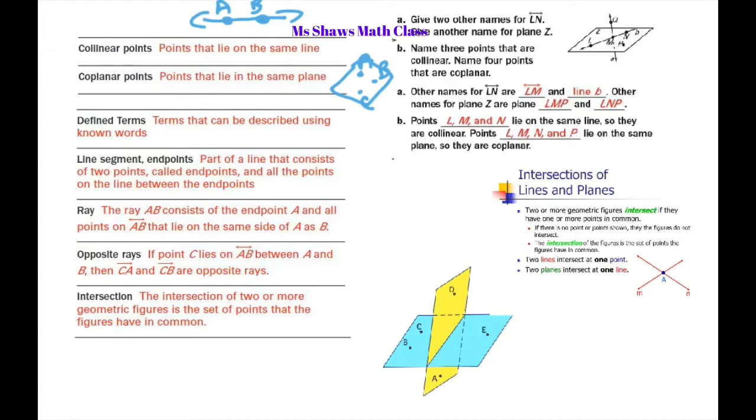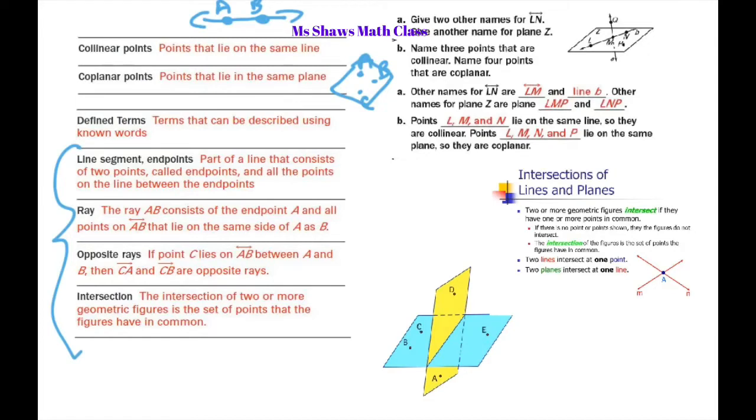Okay, these are defined terms. They can be used describing known words, and usually we use the words that we did before, the undefined terms, which are point, line, and plane. So we have line segments.